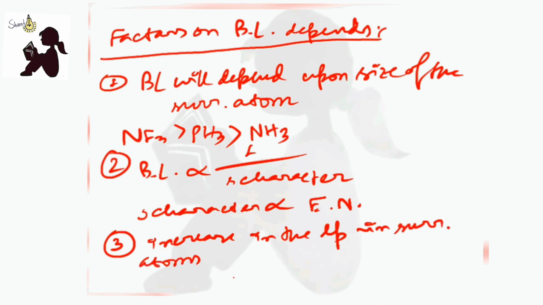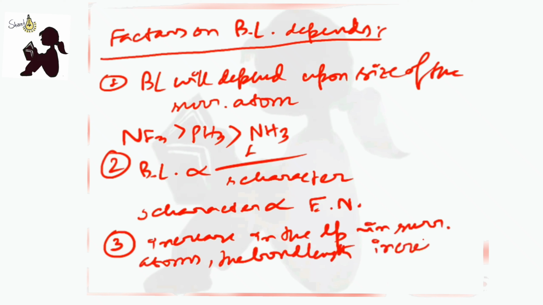The bond length increases. So that means, let us see an example, that is our HF. Okay, so HF has many lone pairs, that is its bond length is high than the expected.